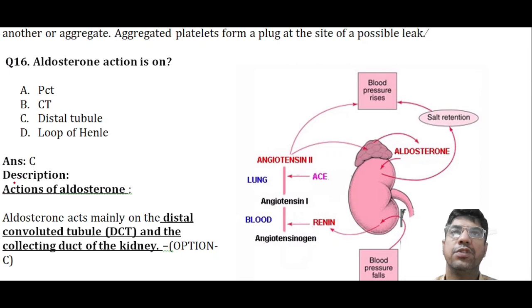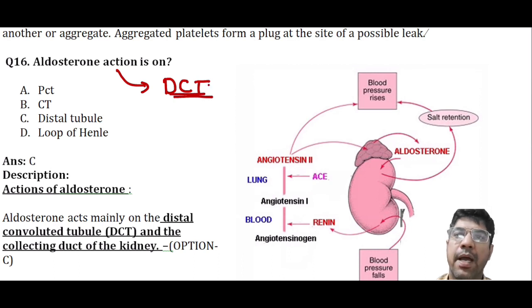Moving to the question, the aldosterone action is on. Well, aldosterone mainly acts on the distal convoluted tubule. It causes the reabsorption of sodium ions in exchange for potassium and hydrogen ions. Let us discuss how it occurs.